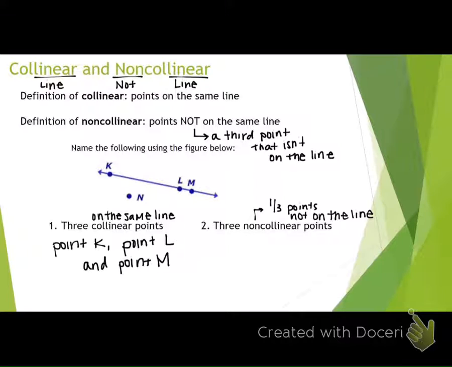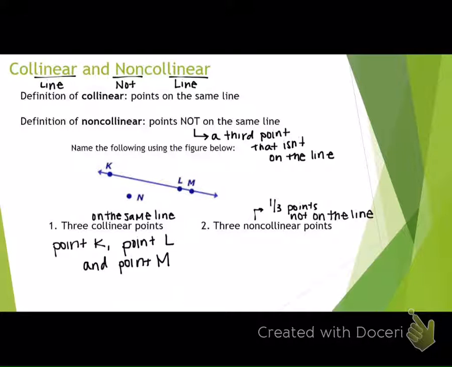Give me 3 points that would signify something that is non-collinear. Bryce, when you're ready. N. You gotta give me 3 though. Point N, point K, and point M. So these 2 are obviously a line because 2 points make a line. Even if you would have just given me K and N, that could create a line, right?